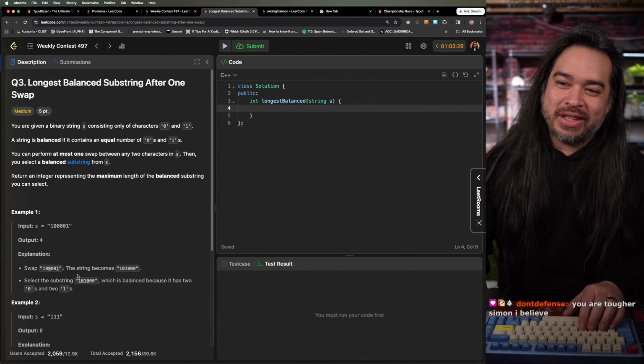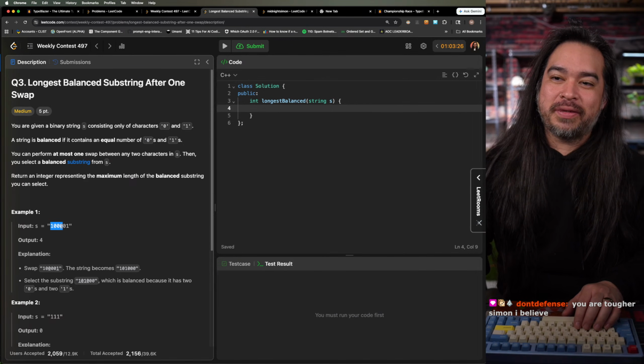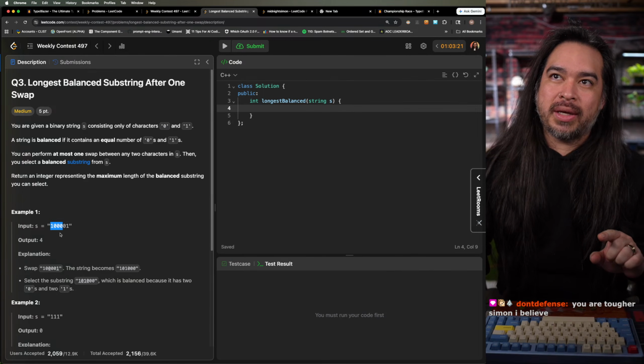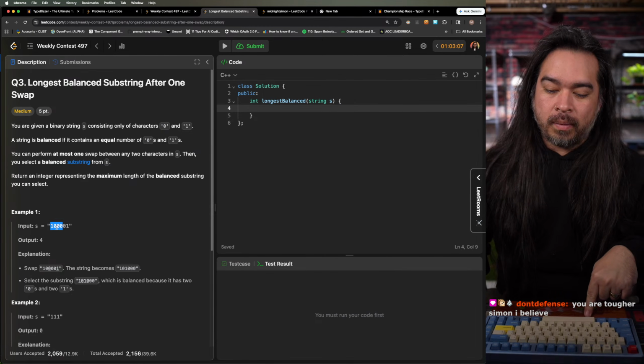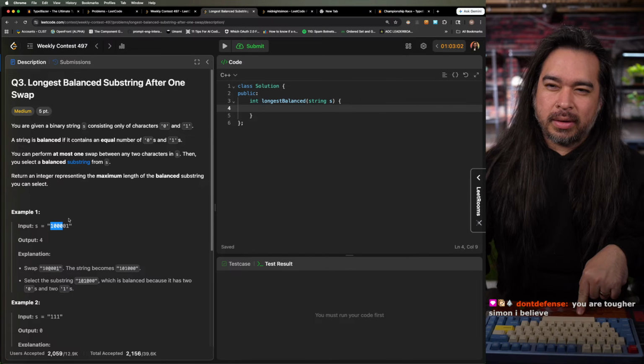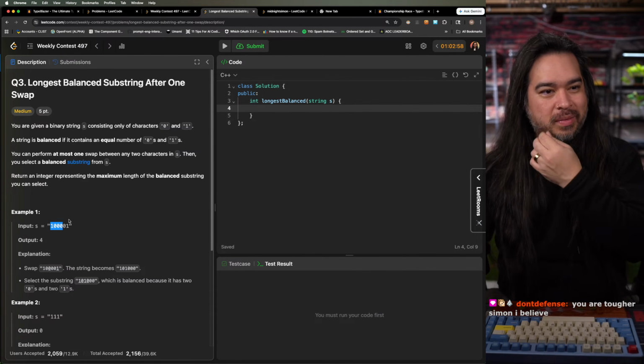I think I'm gonna try this sliding window where the difference between the sum of zeros and ones can differ by up to 2. And then we'll see.